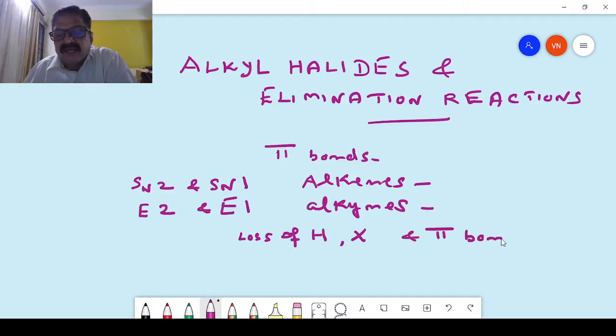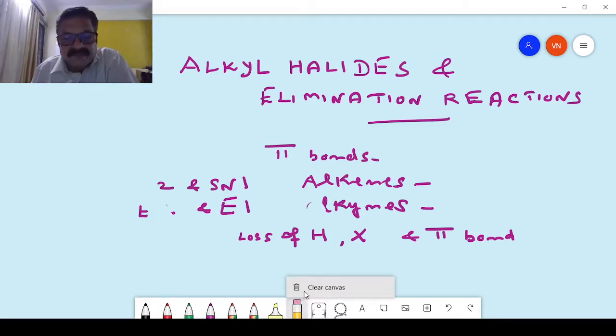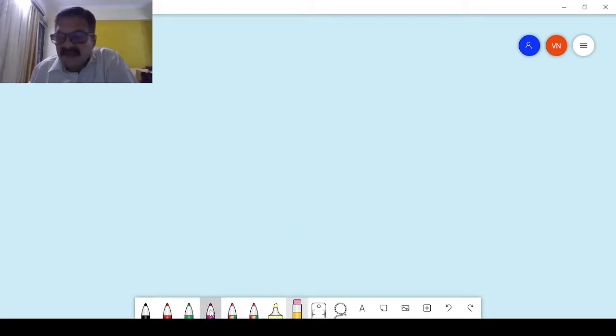So this is the essential characteristic of an elimination reaction here. Now alkyl halides undergo elimination reactions with bases. That means the Bronsted-Lowry bases. Now the HX is lost. So let us see the basic characteristic of an elimination reaction here.